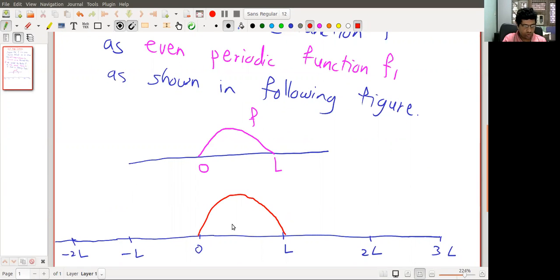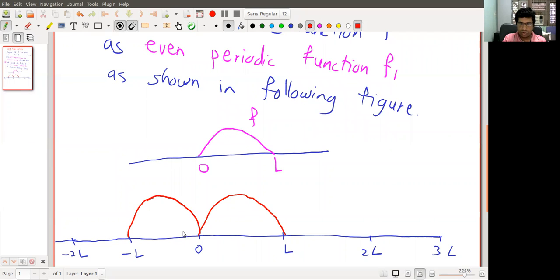and now we copy this curve in the interval minus L to 0. So same curve is here. So both are same. So in the interval minus L to L, we have even function.